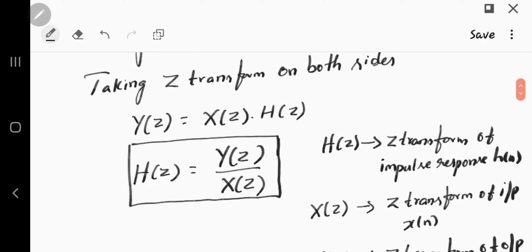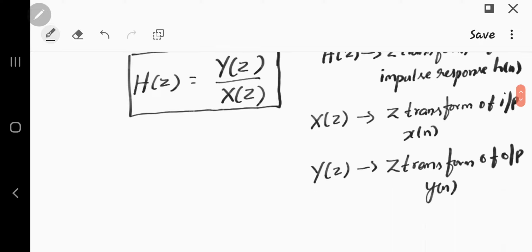Then we perform the inverse z transform, either by partial fraction expansion or power series, but usually we prefer partial fraction expansion. By using that, we can find the inverse z transform of the transfer function h of z, which gives us the impulse response h of n of the system. Let's take some examples on this.